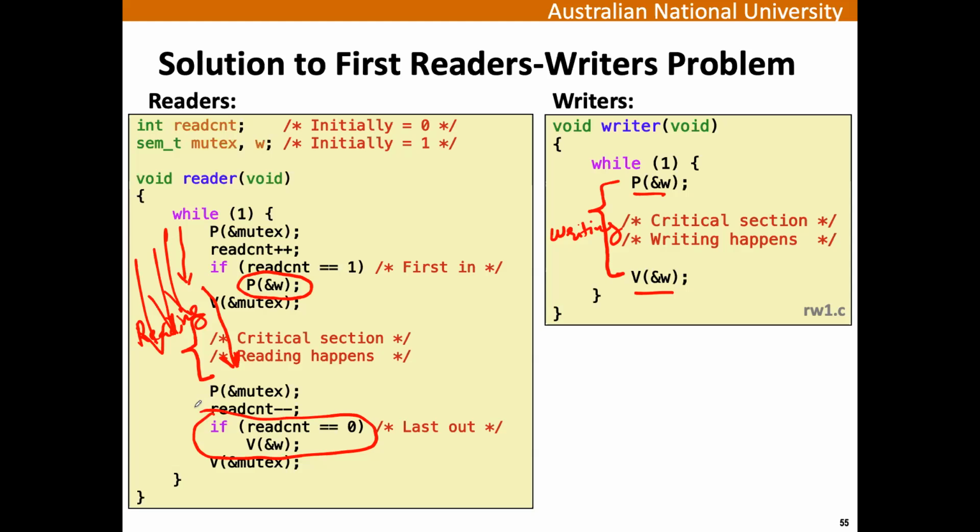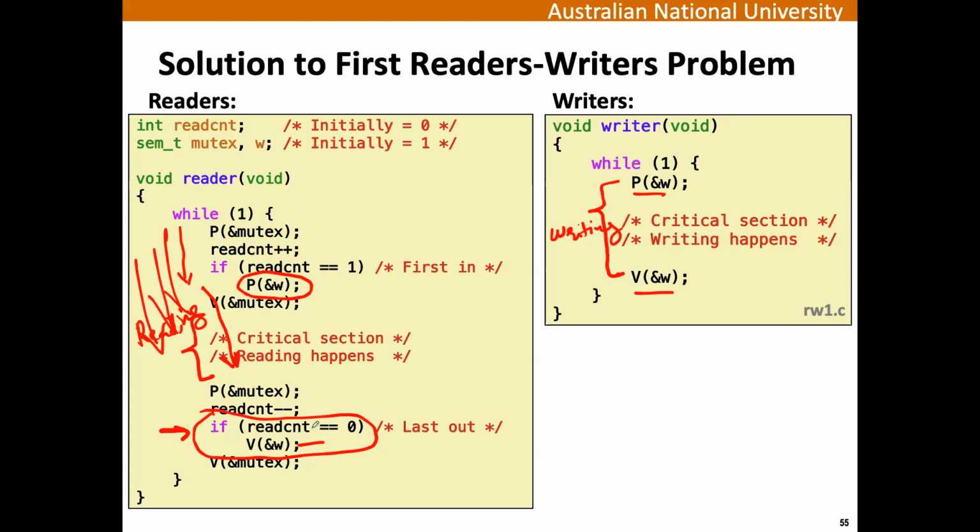So each reader, before leaving, decrements read count, and when read count is 0, the lock is finally released. So the first reader to enter the critical section locks W, and the last reader to leave the critical section unlocks it.